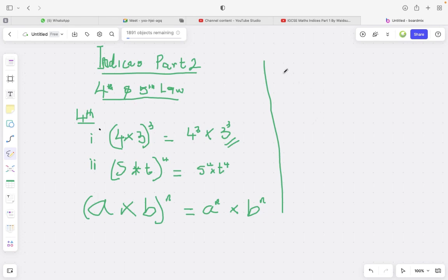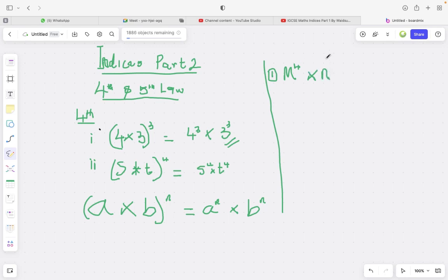Let's say you are given, question 1, m to the power of 3, m to the power of 4, multiply by n, then everything to the power of 3.